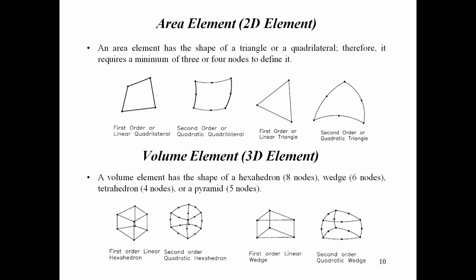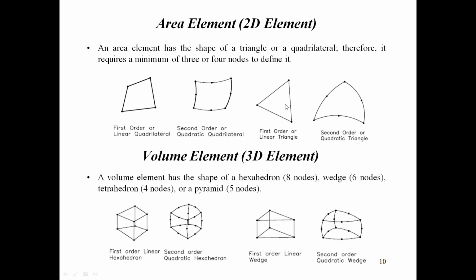An area element has the shape of a triangle or quadrilateral. Therefore, it requires a minimum of 3 or 4 nodes to define it. So in the triangular shape there are 3 nodes. In the triangle there are 3 nodes at the corners, but for the quadratic element, at each line there will be a node at the middle of the line.